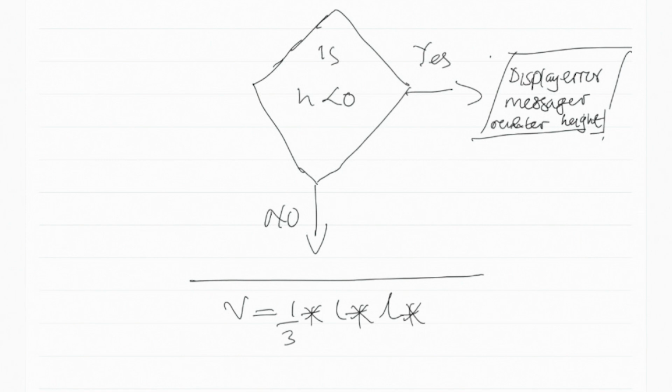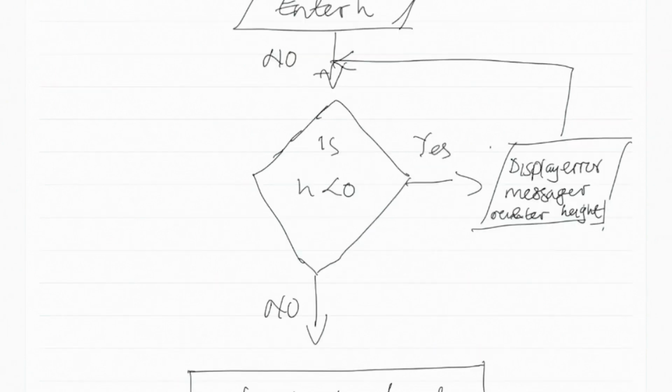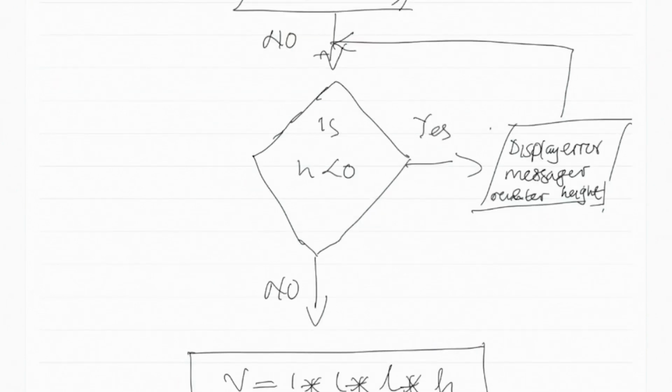The H. Having done that, you can also see that here is corresponding to that because we are making a decision there, and that's why we say, is H less than 0? Yes, then we are going to display the error message, and we enter the positive height, like I've explained.